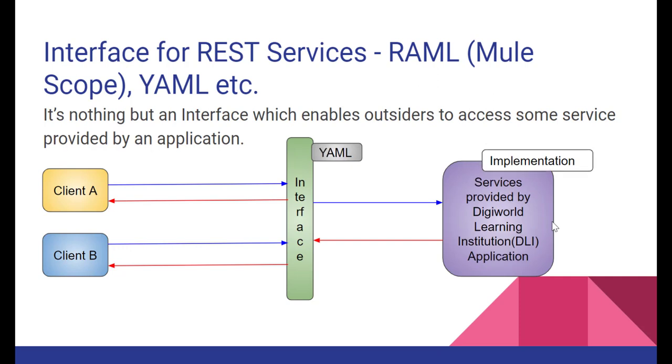Let's move ahead. This is another example, where we are not using RAML, but we are using YAML, right? There are integration tools available in the market which use YAML for defining REST APIs, and they also have different programming languages to develop the implementation part, right?